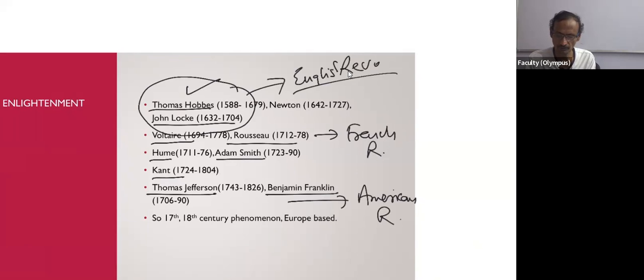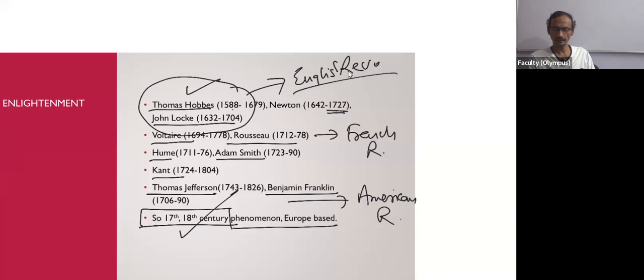Okay. So enlightenment is said to be a phenomena related to 17th and 18th century. So you can see these are end of 17th century, 1670 and 18th century phenomena in Europe. This is called enlightenment. So the difference between scientific revolution and enlightenment is about thinking about the society, about man, and creating institutions based on that.